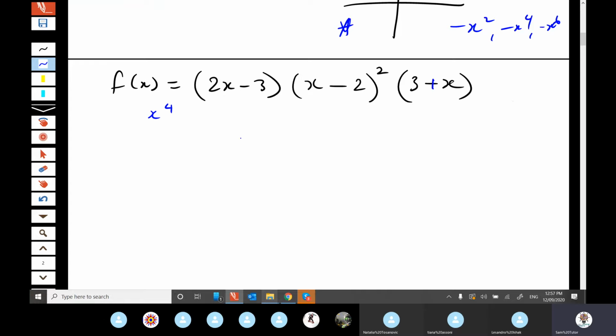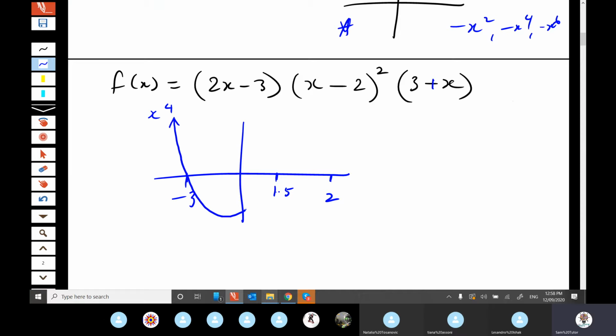Okay, and then x to the 4, start up here, cut at -3, cut at 2, and at 1.5. 1.5 and 2. Should look something like this. And then this one here, if you want to work that out, that's -3 times 4 times 3.